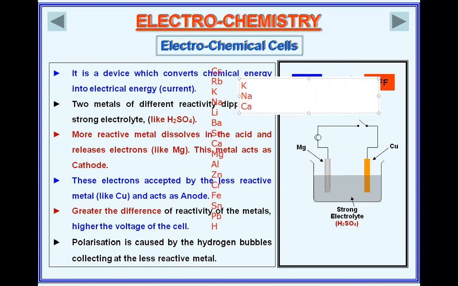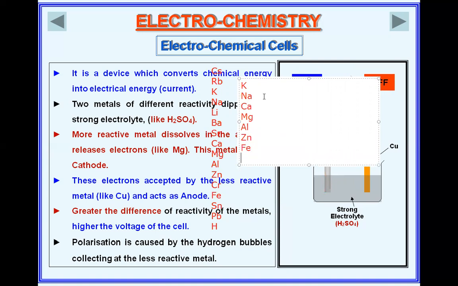These metals cannot be used in the cell as electrodes, but magnesium, then aluminium, zinc, iron, lead, and hydrogen can. This is called the greater difference of reactivity of the metals.